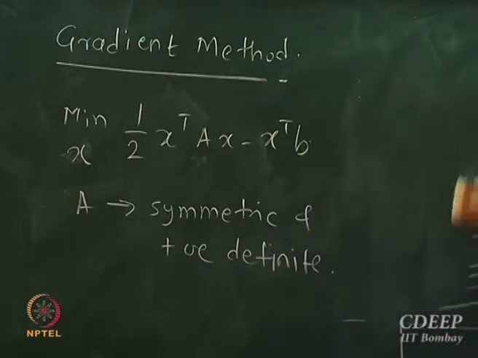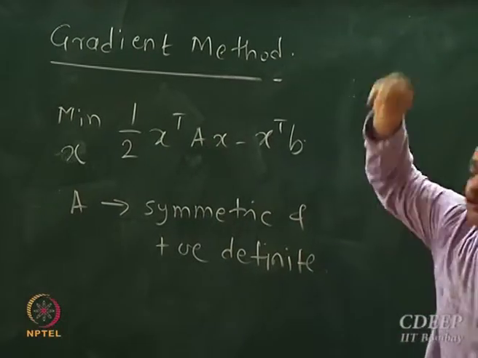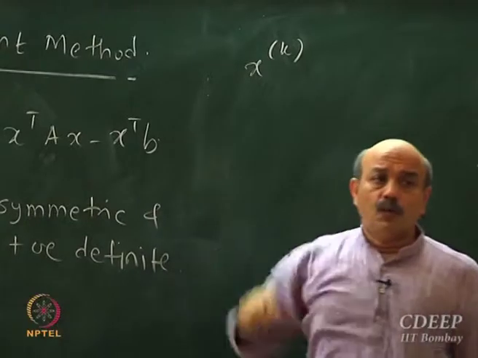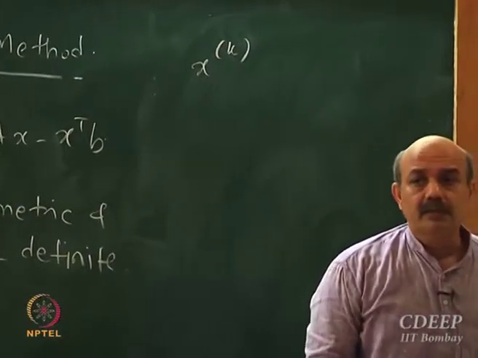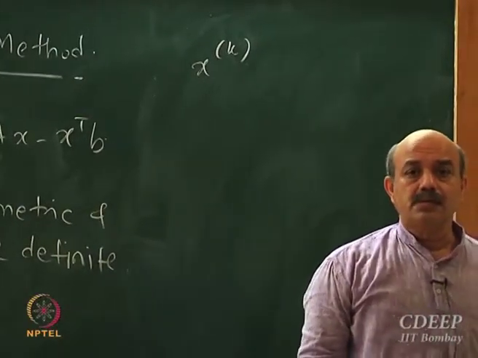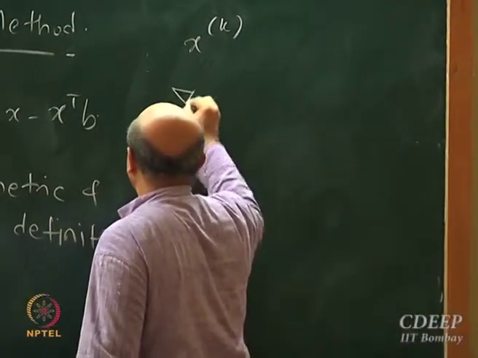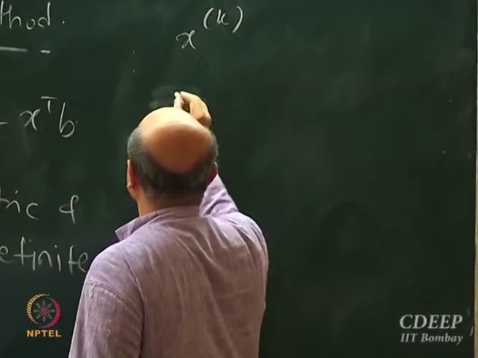Now let's apply the algorithm. This is my phi. I have a guess solution, xk. What is the local gradient? That is, what is grad phi?